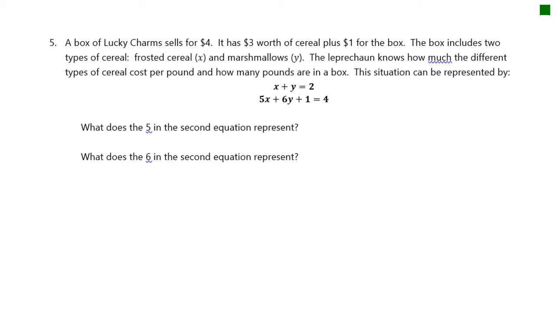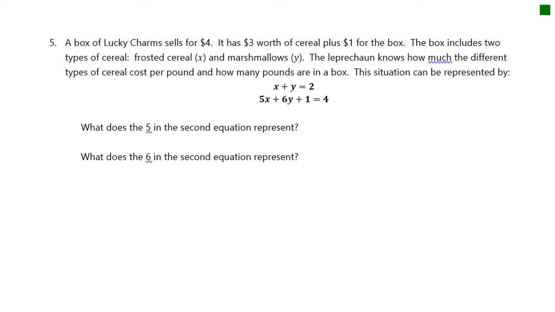All right, moving to number 5. It says a box of Lucky Charms sells for $4. It has $3 worth of cereal plus $1 for the box. The box includes 2 types of cereal, frosted cereal and marshmallow cereal. Okay, the leprechaun knows how much the different types of cereal cost per pound and how many pounds are in a box.